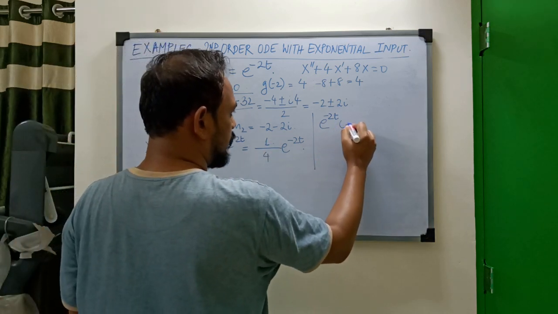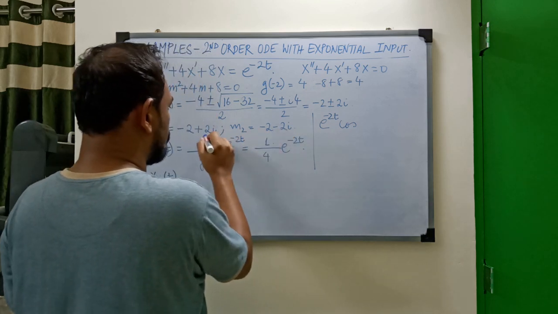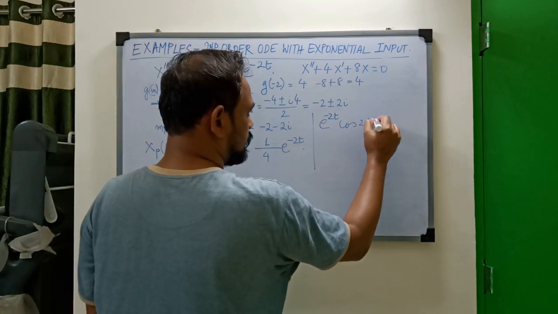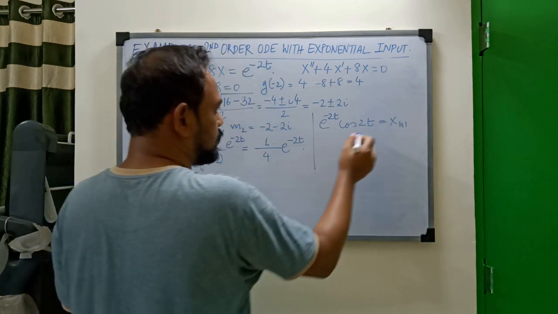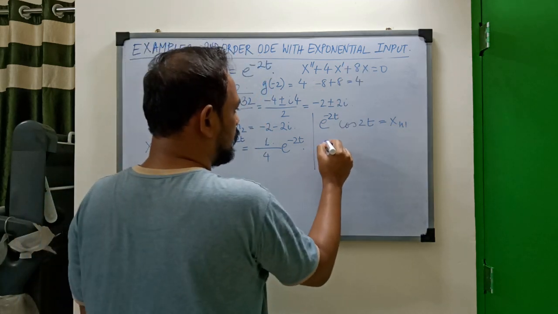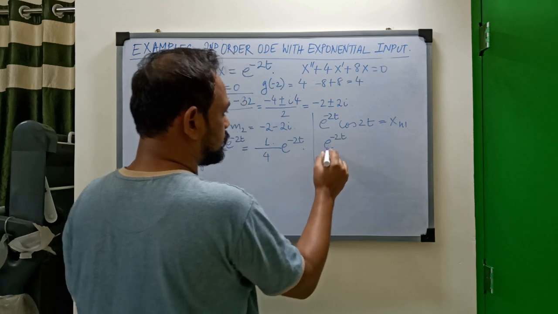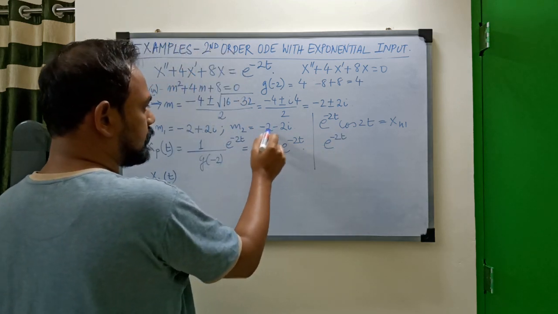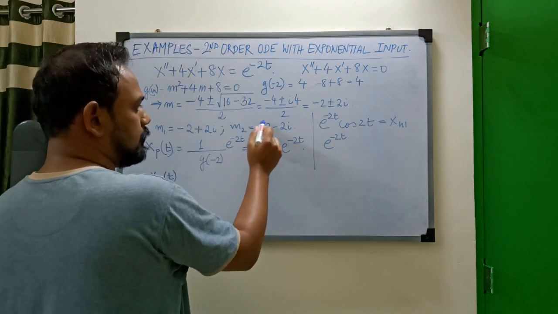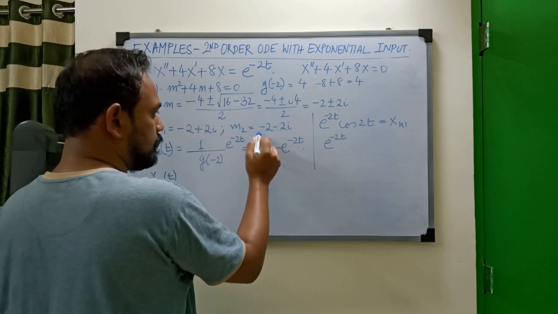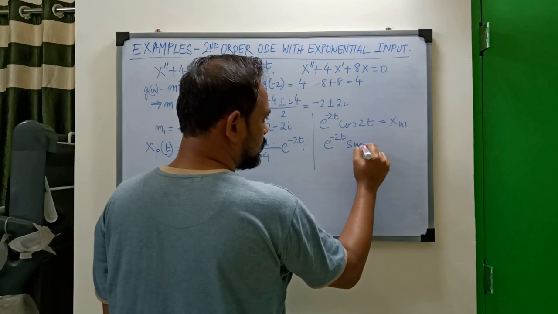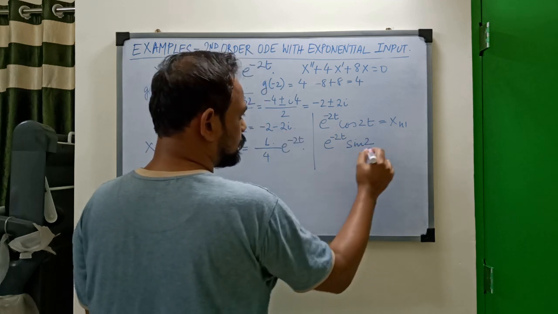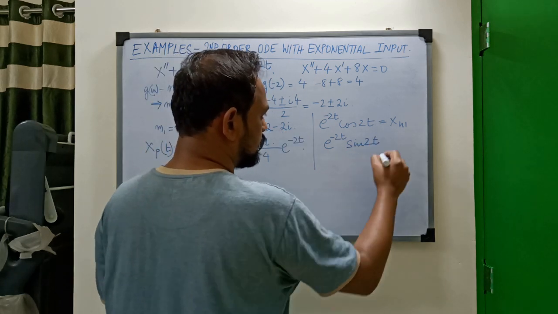One of them will be cosine, omega is 2 here, so cosine 2t. I'm just calling it the first solution. The other solution will be the same rate of decay, which comes from the real part of the complex number, and sine with the same omega, which is the frequency.